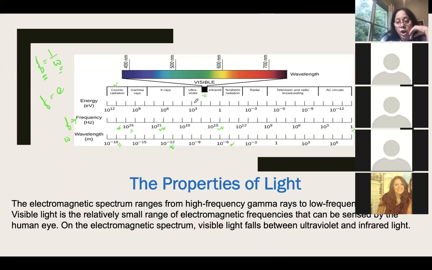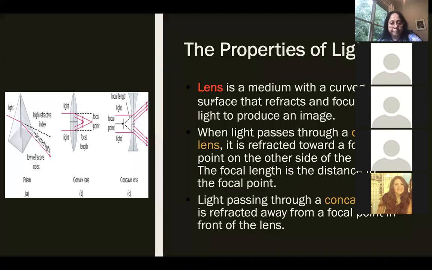We cannot observe the left side or the right side, because of the high energy or the low energy, high frequency. With the rod cells and cone cells inside our eye, we can only detect the range of frequency from here to here, and that is the visible light.